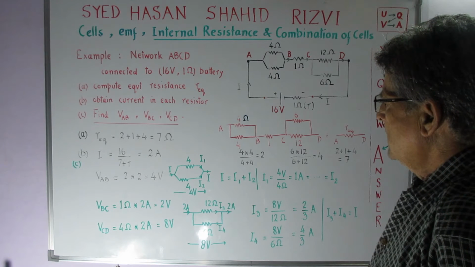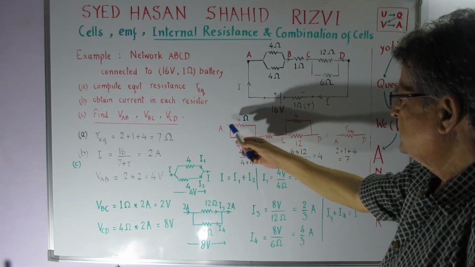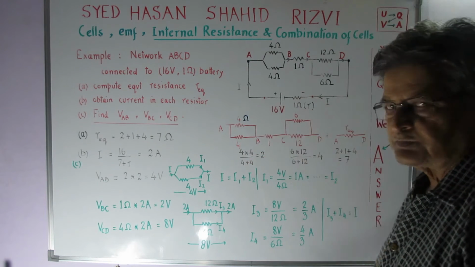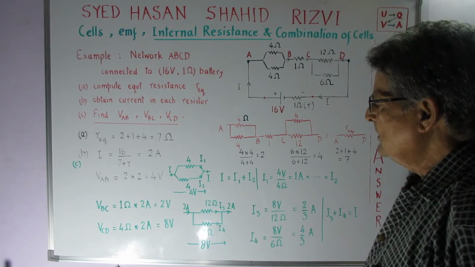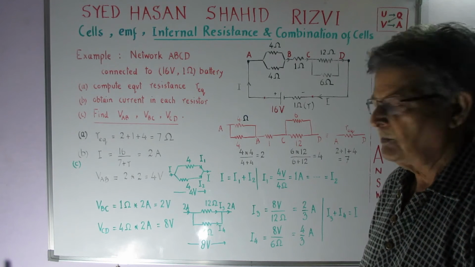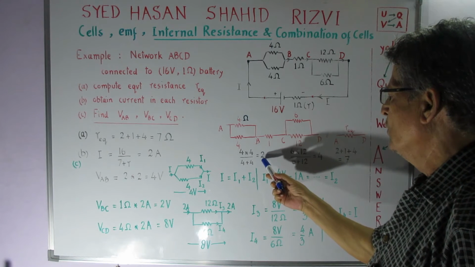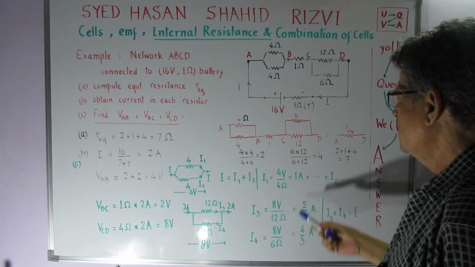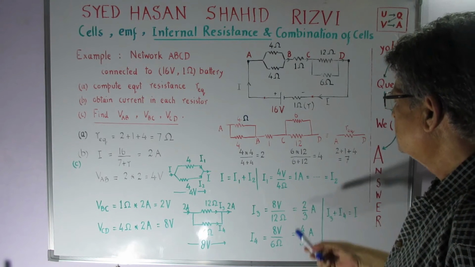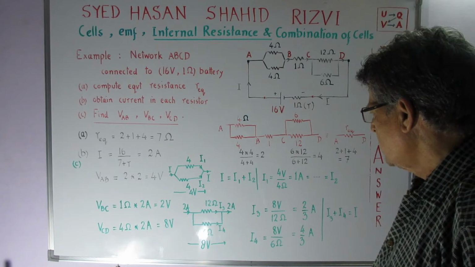Now let me compute the resistance between the points A and B. From the formula, R1 R2 upon R1 plus R2, product upon sum, it turns out to be equal to 2 ohms. There is no calculation involved here, 1 ohm, and here it is 6 into 12 upon 6 plus 12.